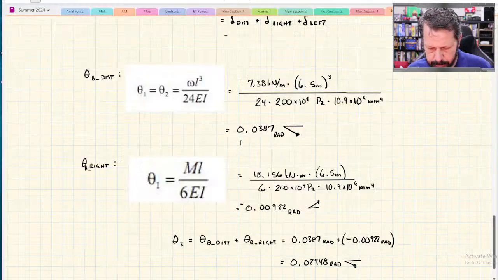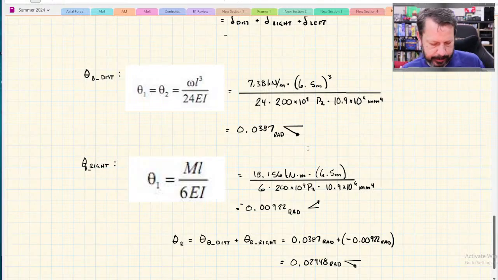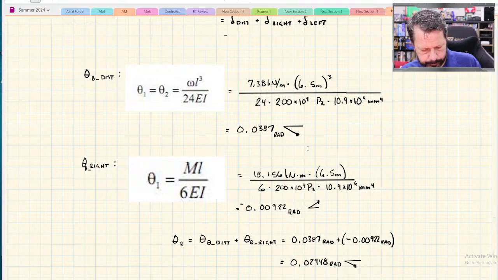Okay. So let me check my math on these and see if I just entered something wrong. All right, I got the same number for the distributed load.